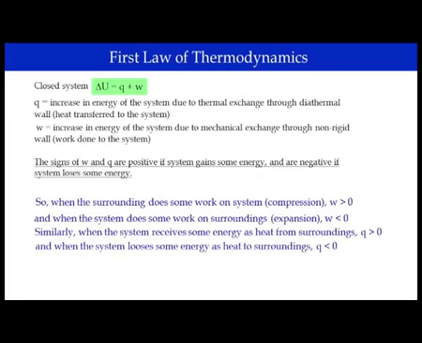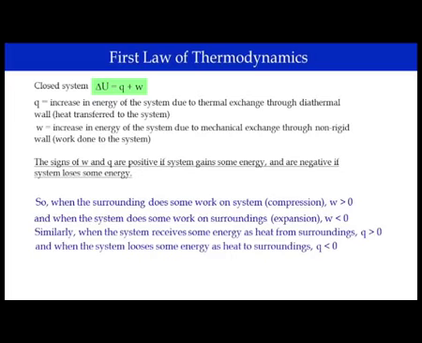Q is the increase in the energy of the system due to thermal exchange through a diathermal wall, and W is the increase in the energy of the system due to mechanical exchange or expansion work through a non-rigid wall. Obviously, if it is a rigid wall, there will be no movement of the walls, no volume change, and then W will be 0. So, in both cases, Q and W, we are talking about increase in energy.